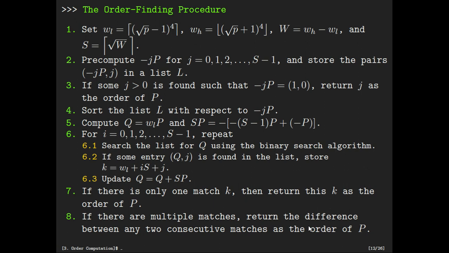Now if k is the order of P and 2k greater than WH, then k is the order of Jp. Otherwise, we keep on computing the LCM of individual element orders until their LCM satisfies 2L greater than WH. Here L is the LCM of individual element orders.